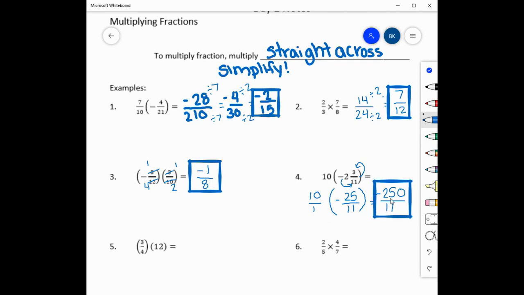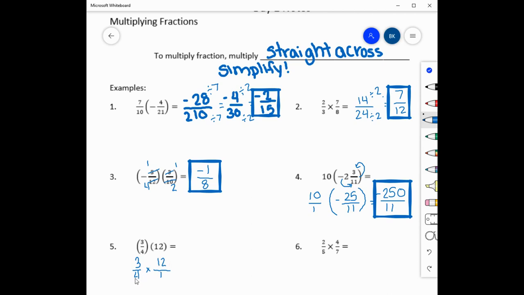Let's look at number 5. We have 3/4 times 12. Let's change 12 into a fraction. So we're going to do 3/4 times 12 over 1. Any whole number we can change into a fraction by putting it over 1. So let's simplify this first.